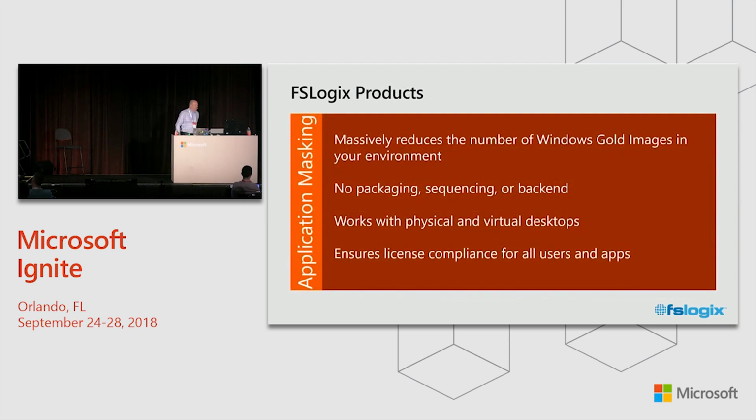Just a quick overview of our app portfolio. We have application masking, a solution that lets you control applications per user, even on multi-user systems. It works differently than application virtualization in that it completely hides applications from users so they don't get access to them, but they are the native installed applications.